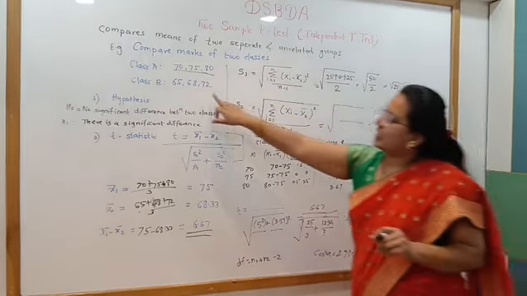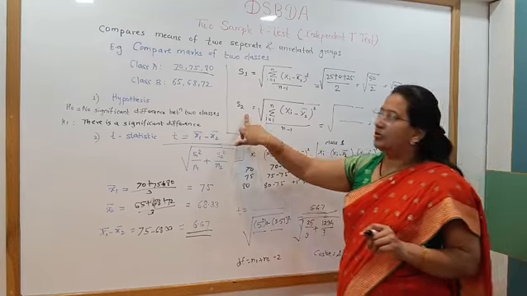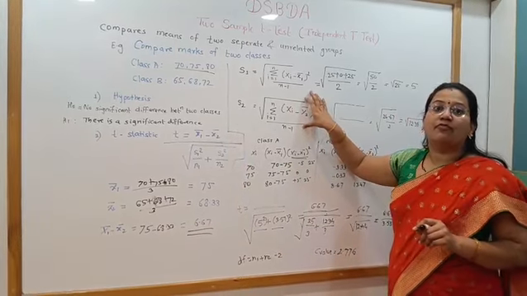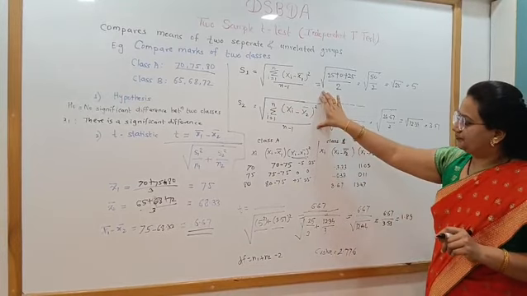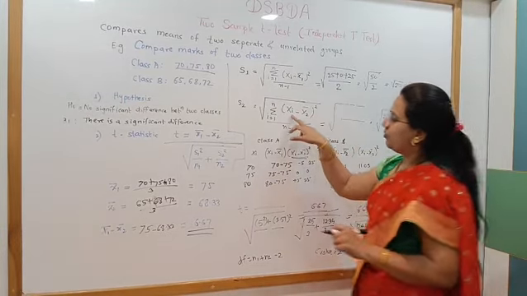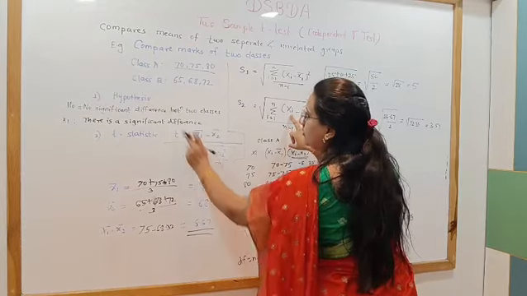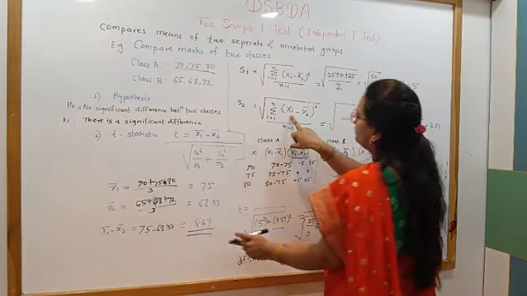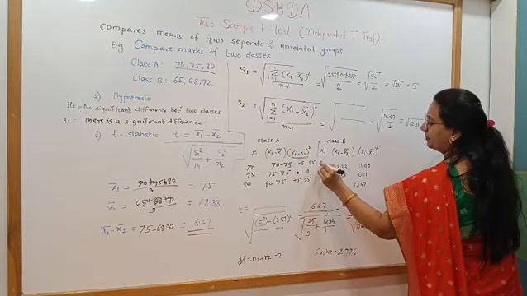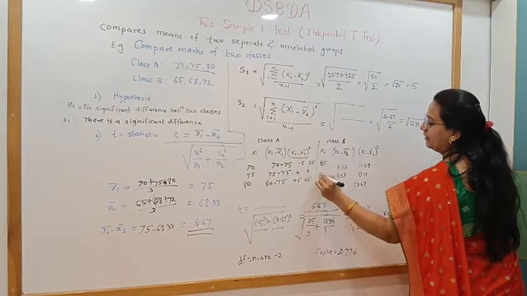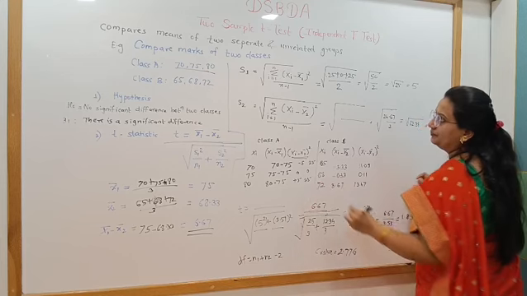Now for class B, I want to calculate S2. We use the same formula for S2. In the same way, these are the xi values: 65, then 68, then 72.